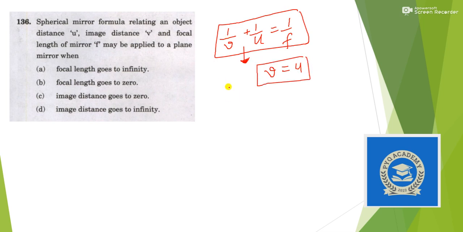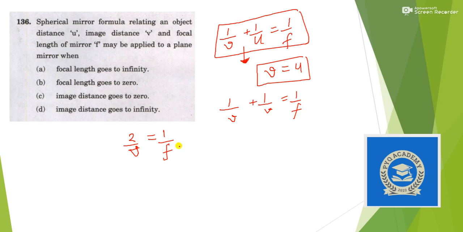So let's use this given thing. 1 by v plus 1 by v is equal to 1 by f. So it is definitely going to become 2 by v equals 1 by f.